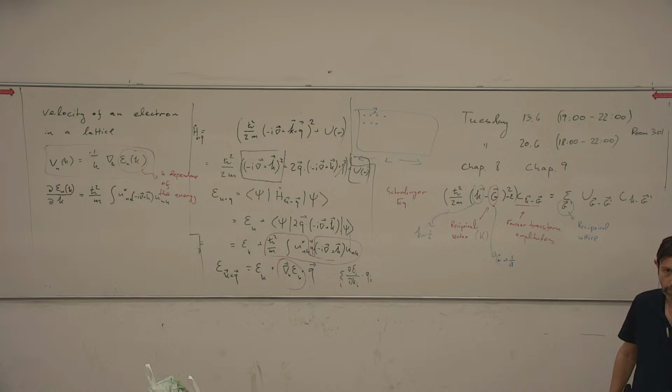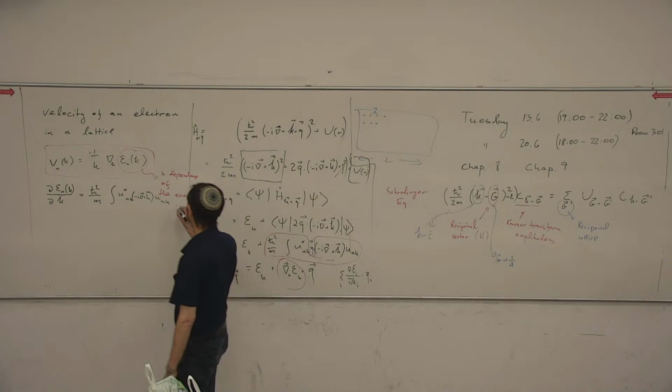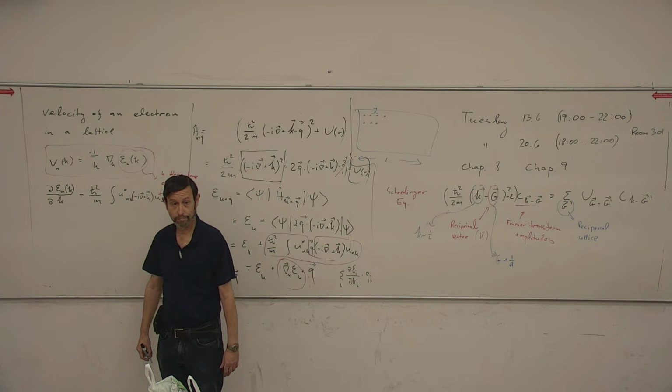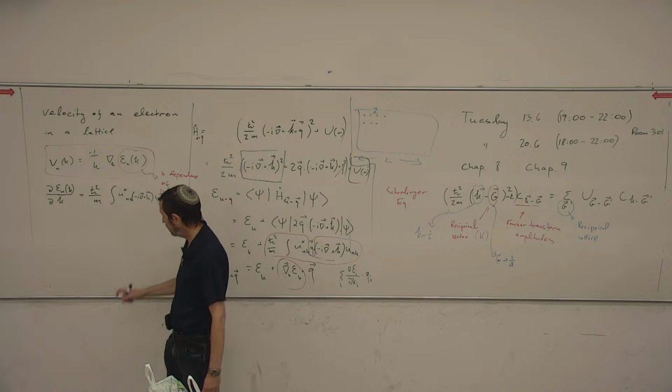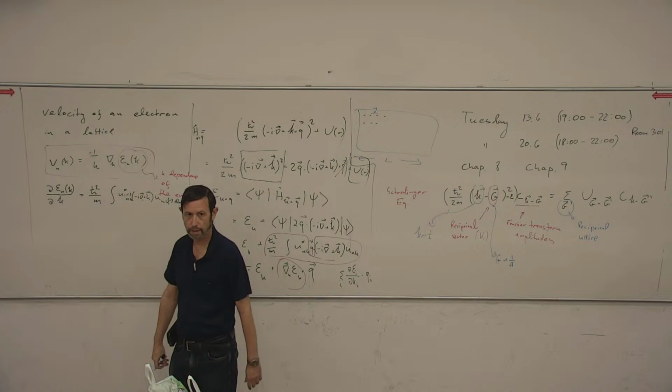Excuse me, what are we integrating here? Remember, u of nk depends on r. This is a derivative by r.